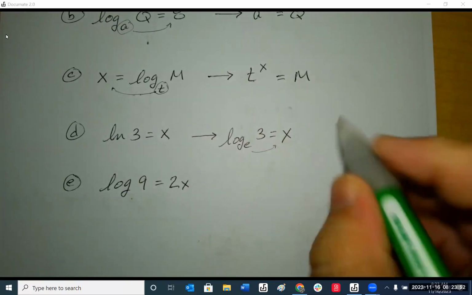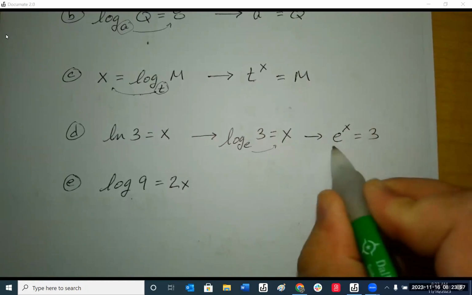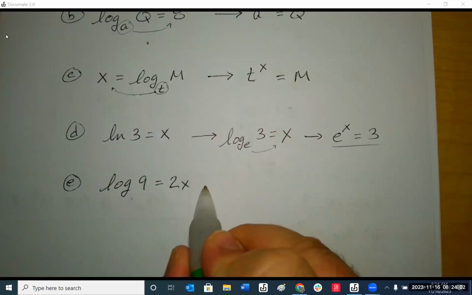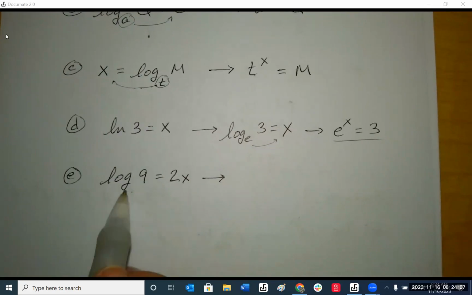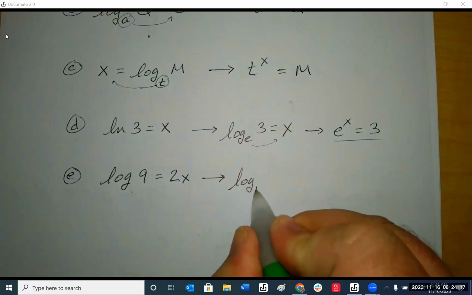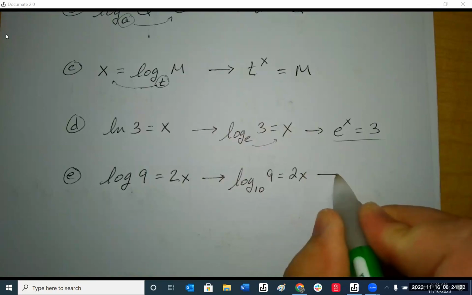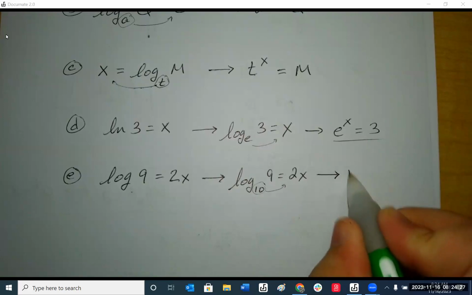Now we go ahead and do the conversion. E to the power X equals 3, and there's your transformation. And log 9, what's the base here? If it's not there, it's what? Very good. It's a common log. Log base 10 of 9 equals 2x. So the base pushes up the exponent, the answer.